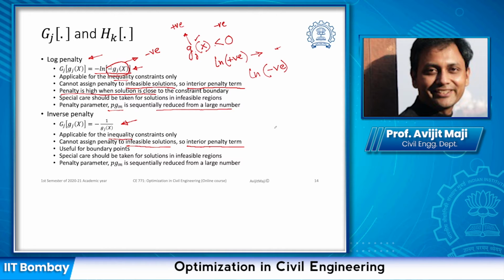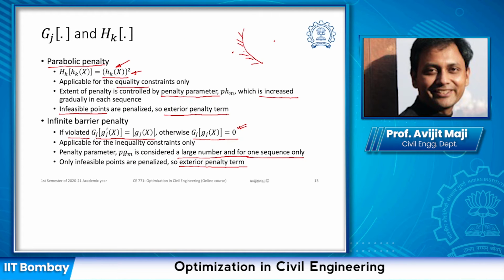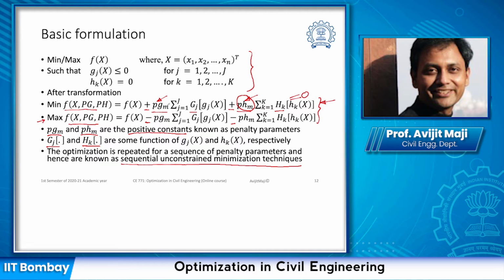So let me go back. If our solution is very close to the boundary, then this value is going to be low, and if this is low, overall this value is going to be high with a negative sign. Here you will find that if it is a negative value, the objective function is further going to be reduced, which means that is the preferred answer in case of the minimization problem, which means we are looking for a solution which is close to the boundary of the constraints.